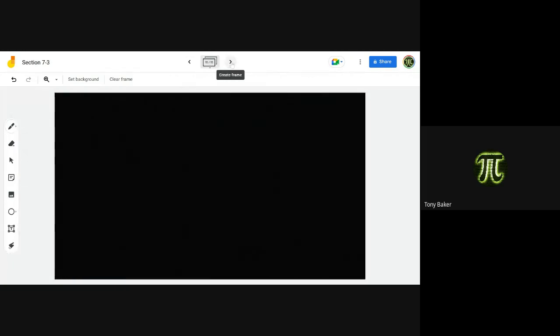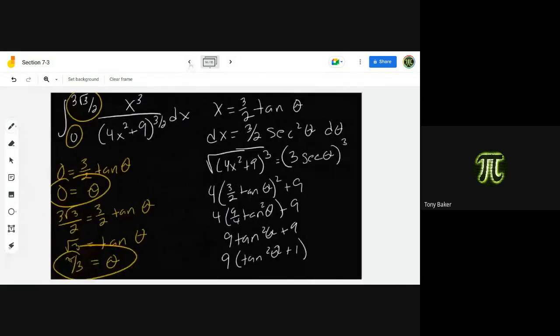All right, so we had the integral of. Give me 1 second. Let me just rewrite the integral.